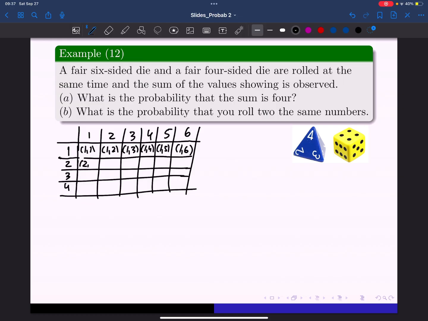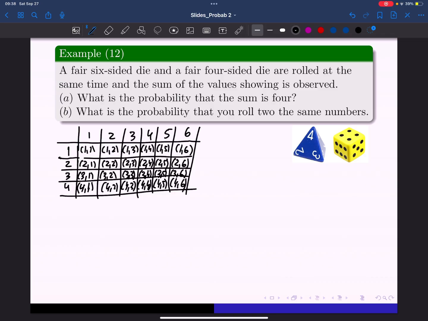Then we can have 2,1, 2,2, 2,3, 2,4, 2,5, and 2,6. This row we would have 3,1, 3,2, 3,3, 3,4, 3,5, and 3,6. And this we can have 4,1, 4,2, 4,3, 4,4, 4,5, and 4,6.